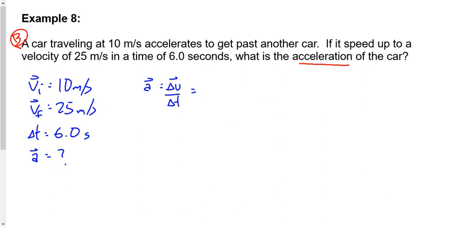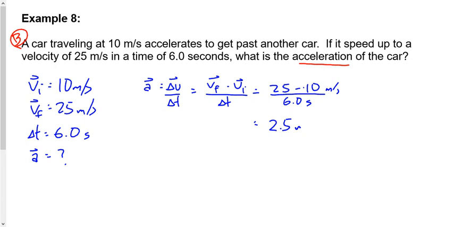Delta V is VF minus VI. VF is 25. VI is 10. T is 6. 25 minus 10 is 15. 15 divided by 6 is 2.5 meters per second squared. Sure enough, it worked. We got the acceleration by using the base equation for acceleration.